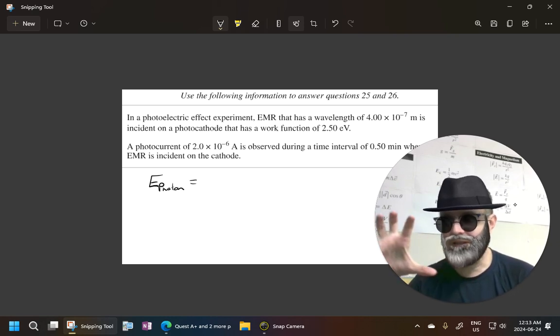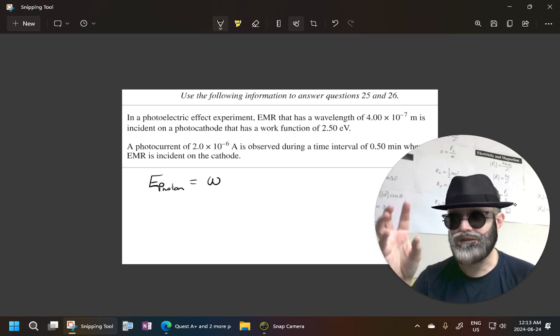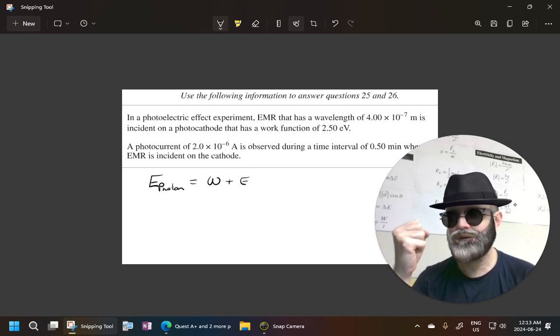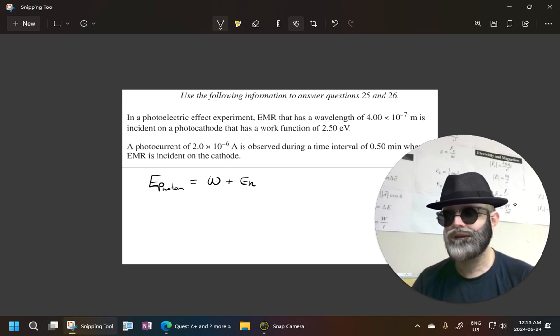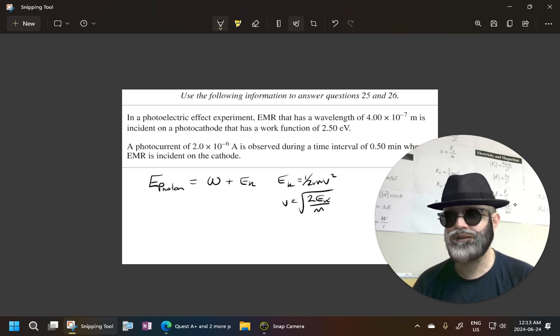Remember, it has to be absorbed. 1 photon goes in and gets 1 electron, and it's used to dig itself out with the W, and what's left over goes into EK. If I can find the EK, that's equal to 1/2 mv squared, and v is equal to the square root of 2 EK divided by m. And these are electrons. Photoelectric effect is all about electrons. They didn't even mention this, or maybe they mentioned it in the question.